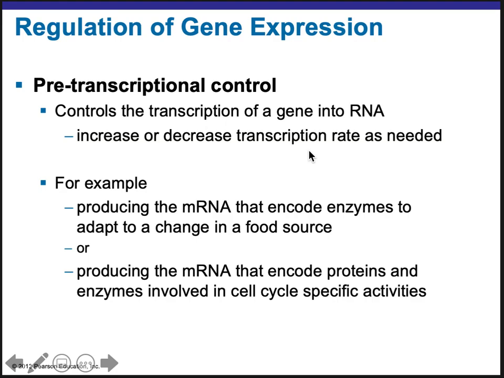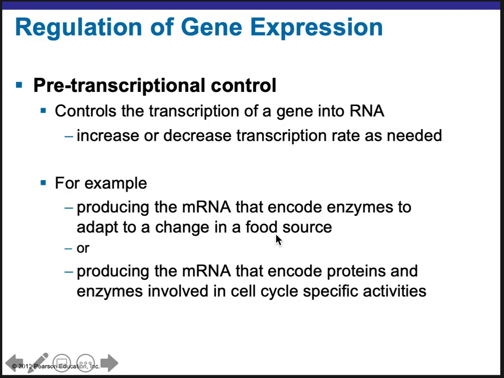So producing the mRNA that encodes an enzyme that's needed to adapt to a new food source. So bacteria that are using glucose, for example, the genes involved in glucose metabolism are going to be on, and they're going to be on at a high level. But once all the glucose is consumed, if there's another food source available that it has a gene for, such as lactose, then it needs to turn on those genes and start using those, and it doesn't need to keep the glucose on at a high level anymore, right?